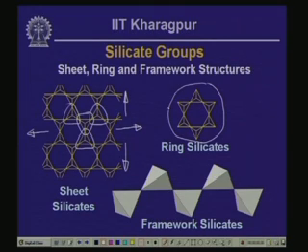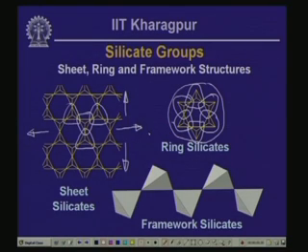Here you have a series of silica tetrahedra that combine with each other to form a ring-like structure. These minerals are relatively less abundant in comparison with other types of silicate minerals that we have so far discussed.